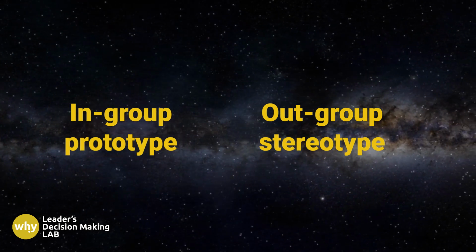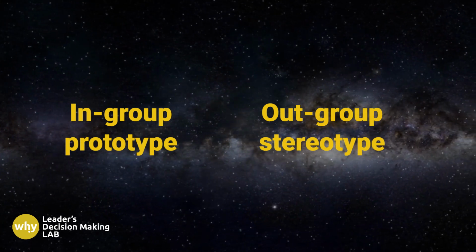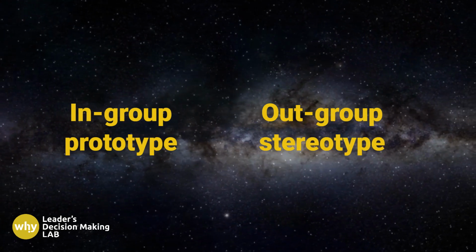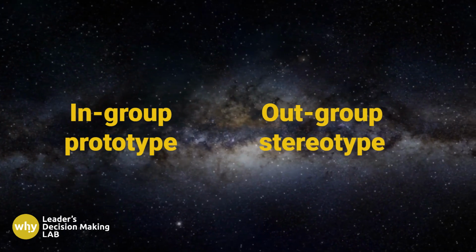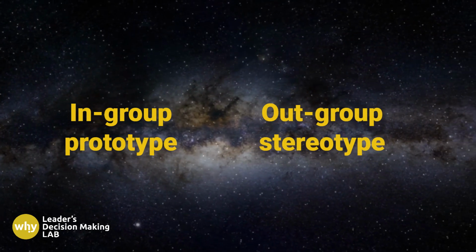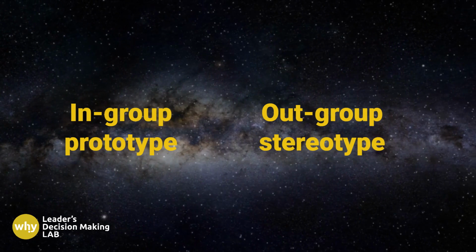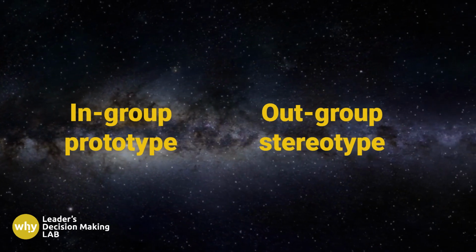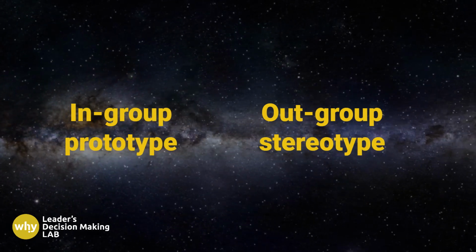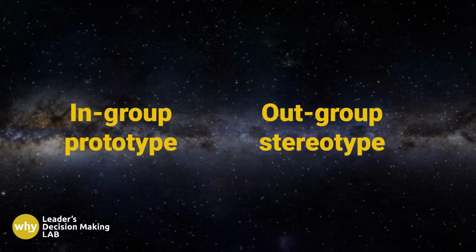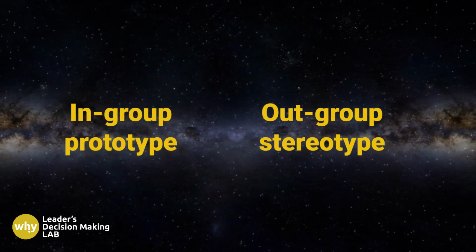Here, in-group prototype refers to perceived characteristics, attitudes, and behaviors that are considered typical or ideal for members of a particular social group. It represents the shared norms and values that define the group's identity and distinguish it from other groups.